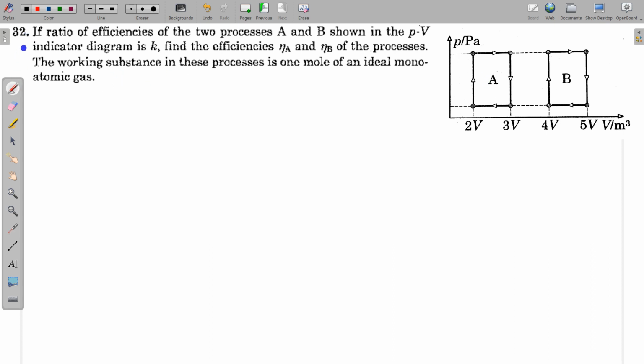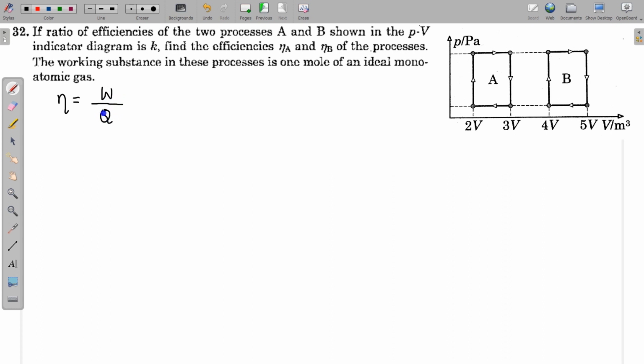So to find efficiency we use this relation. Efficiency of a cyclic thermodynamic process is given by the work done by the system, or work done by the gas, divided by the heat absorbed, or heat given to the gas, during the process.